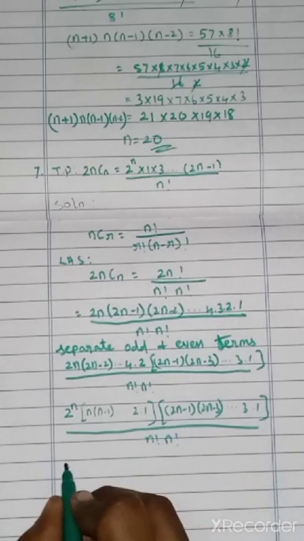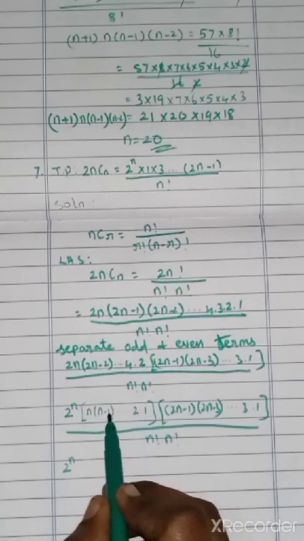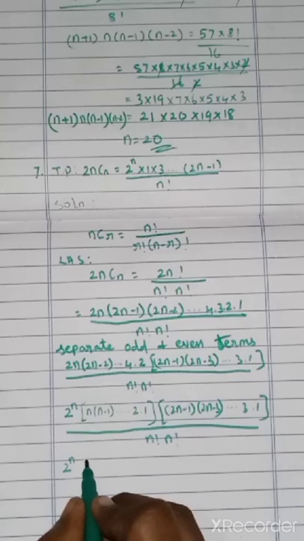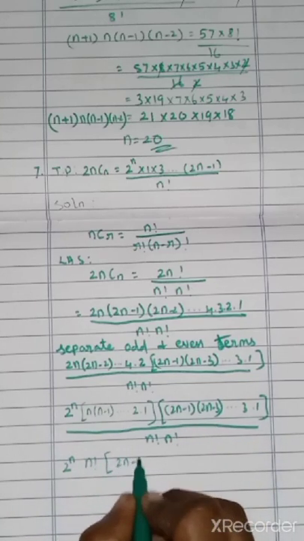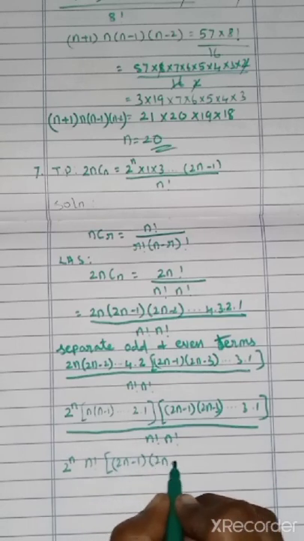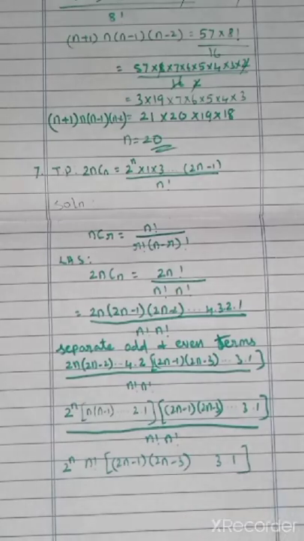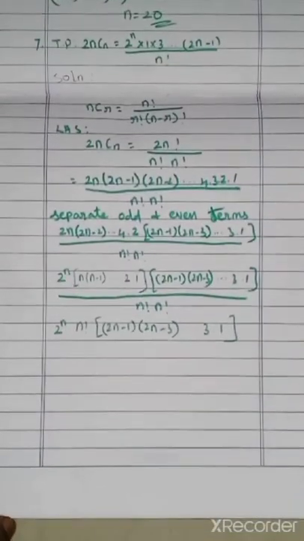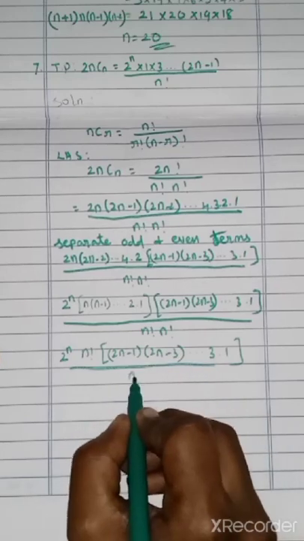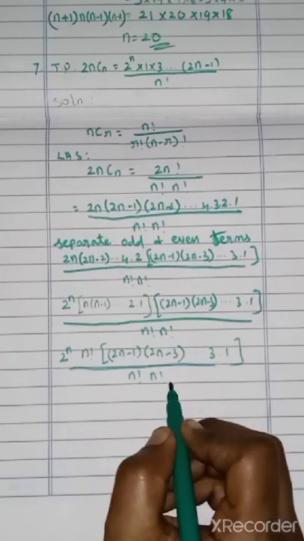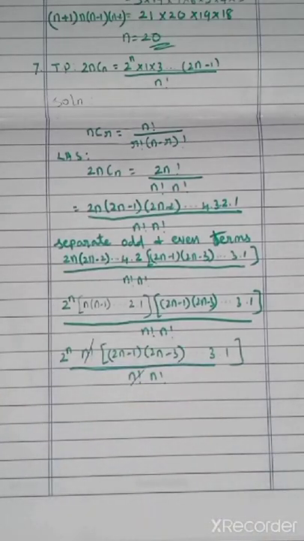Now this is also like 2 power n, and this you can write as 1, 2, 3, etc., up to n. How can we write? n factorial. This one as it is, 2n minus 1, 2n minus 3, etc., up to 3 into 1. Correct? So again, denominator is as it is, divided by n factorial, n factorial. Right? Now this n factorial will get cancelled.